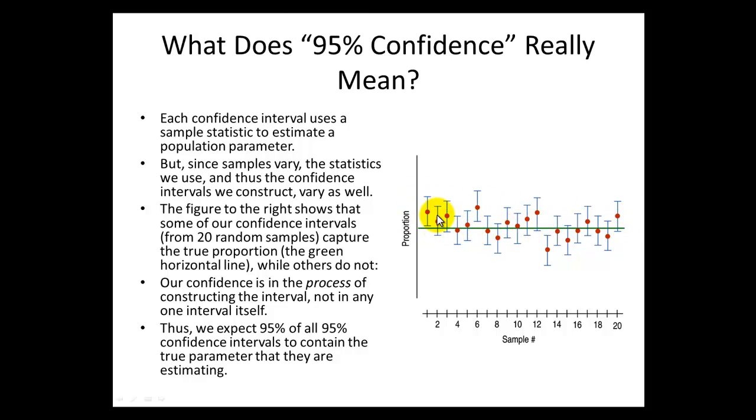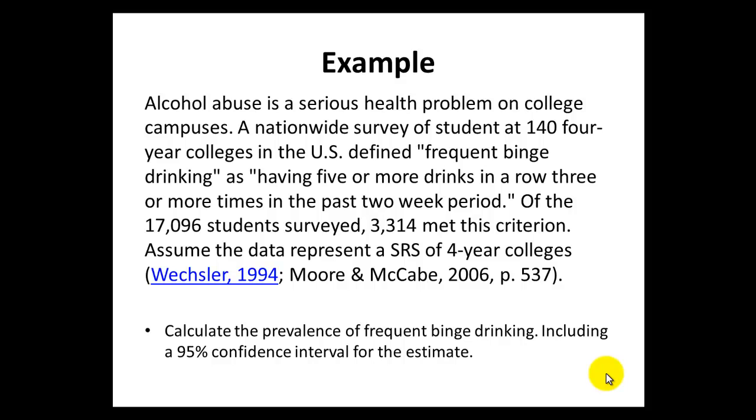You can see it fails here on our first one. It doesn't cross over the green line, nor does this one. But the vast majority, 95% of intervals that we could create, would contain our true population proportion. So again, we're 95% confident in the process we use to construct confidence intervals.